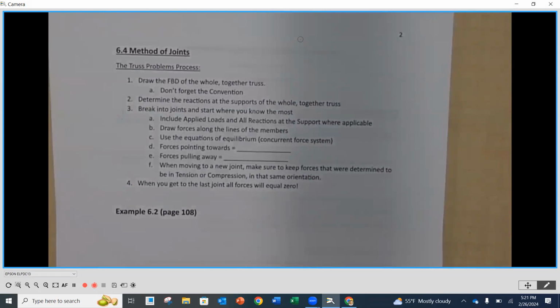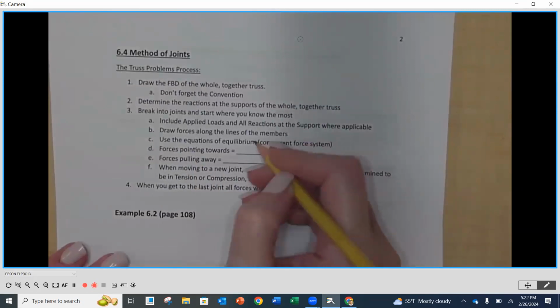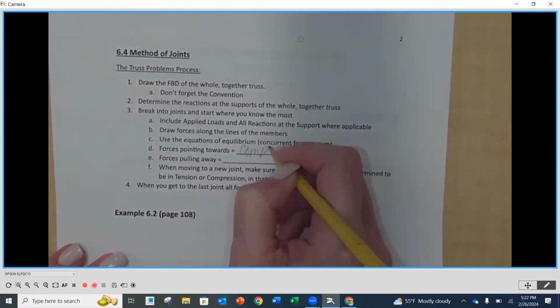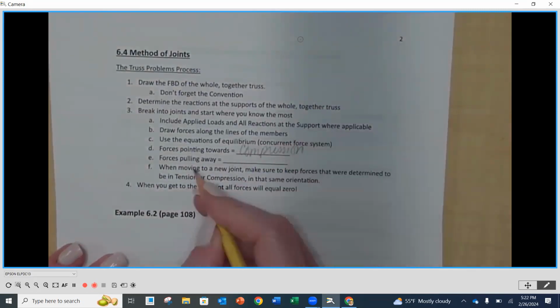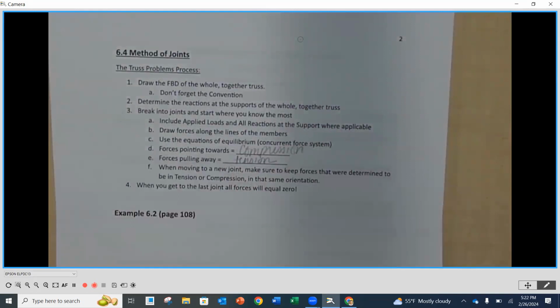So the two equations of equilibrium that we look at when we start solving for the forces in the members are going to be the sum of the forces in the x equals 0 and the sum of the forces in the y equals 0. Now, part D here says forces pointing towards our joint are going to be in compression, which means that any forces that are pulling away from the joint are going to be in tension, okay?